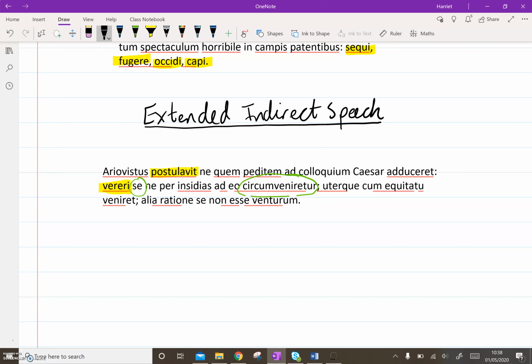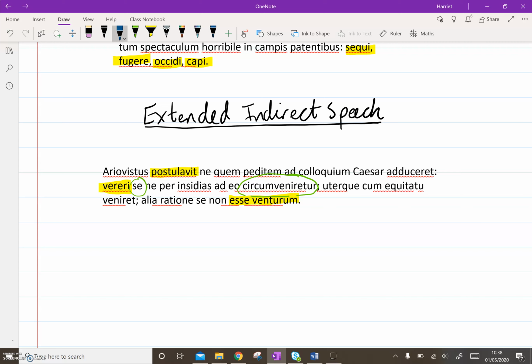Okay. So we've had an indirect command, an indirect statement, an indirect command, and then to finish off with, we spot another infinitive, so we must have another indirect statement. So, and he said that, non esse venturum, se non esse venturum, he would not come, alia ratione, for any other reason.